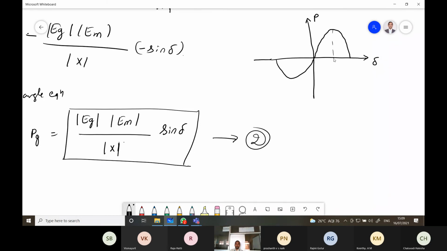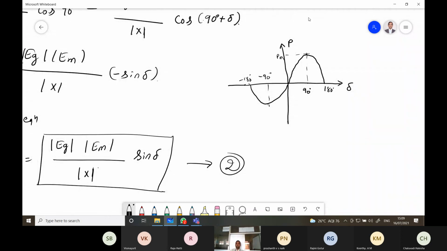This is 90 degrees, this is plus 180 degrees, this is minus 90 degrees, and minus 180 degrees. We achieve the maximum power output at delta equal to 90 degrees. Similarly here also negative maximum. So this is for generator action on the positive side, and motor action on the reverse side.